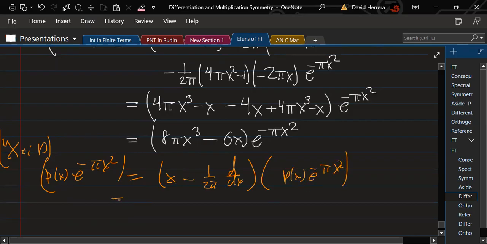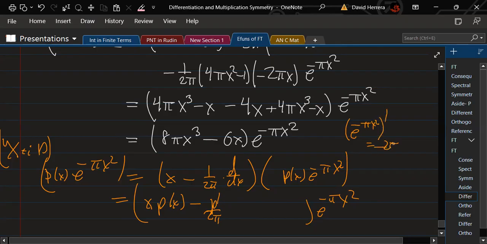So what happens when you do this? So this is going to be x p of x. Let's factor out the Gaussian. If I do the derivative on p, that's going to be p prime over 2 pi. Not too interesting. If I do the derivative of the Gaussian, that's minus 2 pi x times the Gaussian.